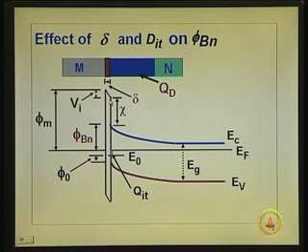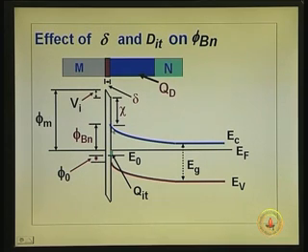That additional drop I have shown in this polarity. It could be this way or the other way, because if it is this way, the barrier height will be less than phi m minus chi, depending upon what charge is present here, that is depending upon the relative position of the Fermi level to the E naught. You will have plus charge or minus charge, and each has its own polarity.